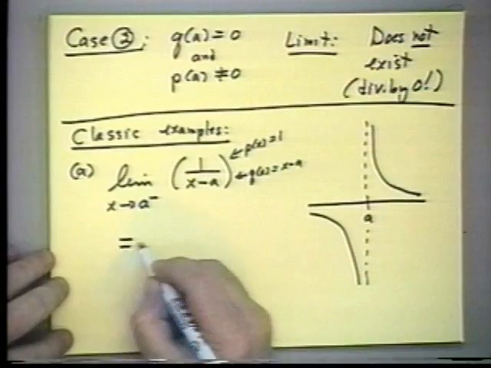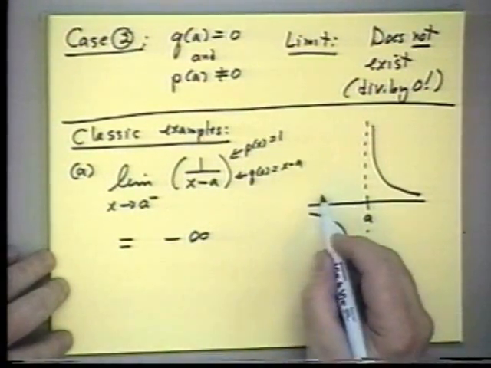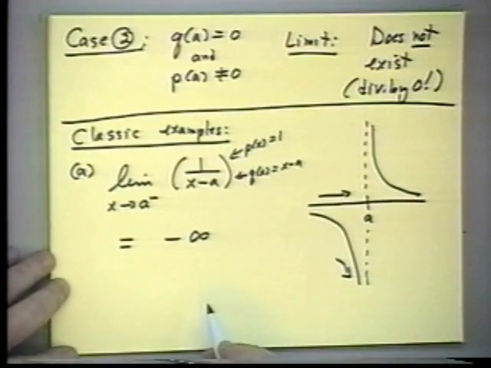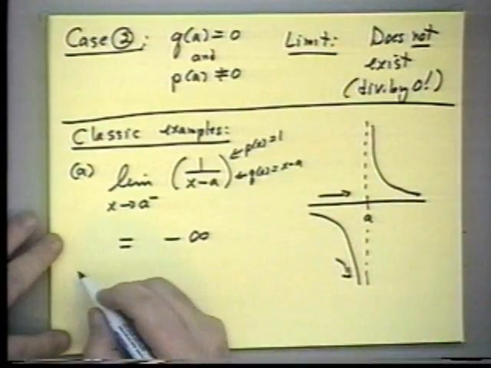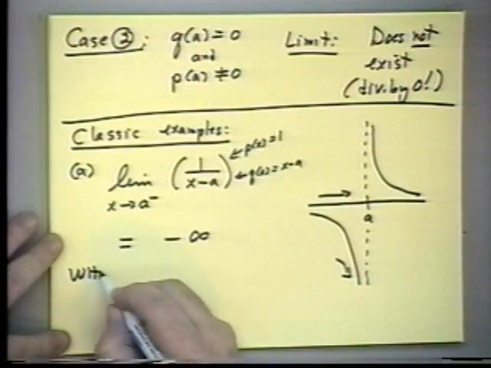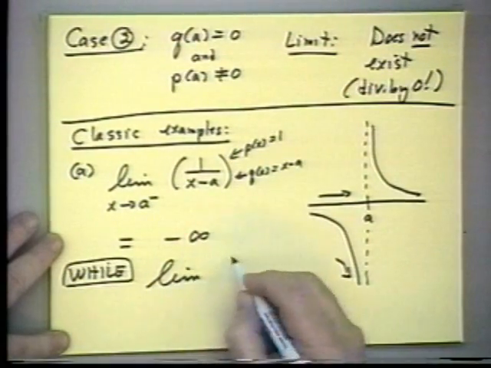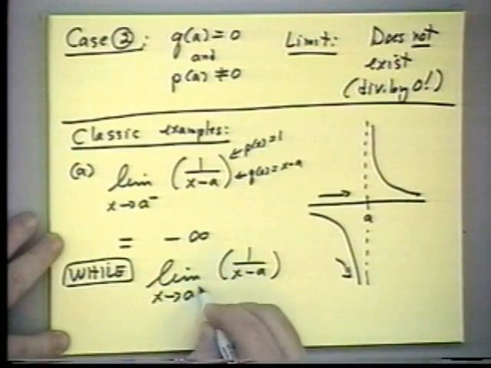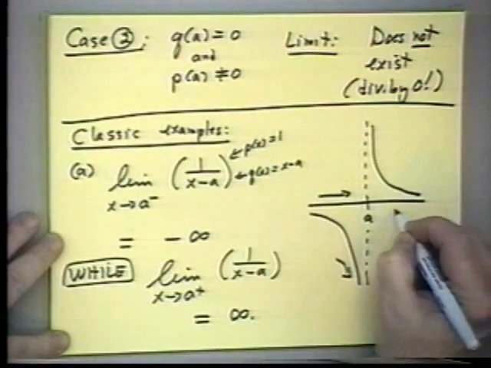This limit turns out to be minus infinity because as I come from the left, that would be this direction, the function is clearly going down to minus infinity. While, if I come the other direction, the limit of 1 over x minus a as x approaches a from above turns out to be infinity for this same sort of reasoning.